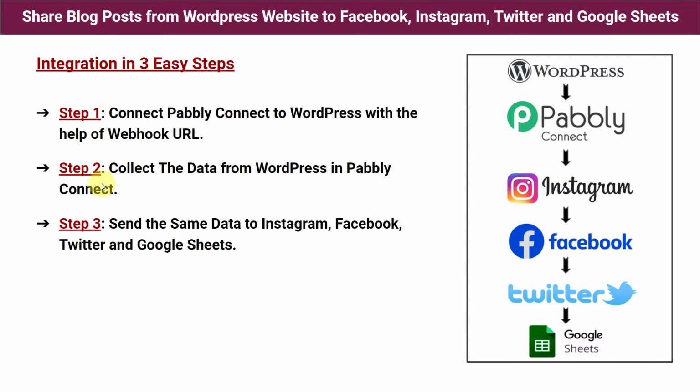In the second step, we'll create a new blog post in WordPress and collect the data of that post in Pabbly Connect. Step 3 is send the same data to Instagram, Facebook, Twitter, and Google Sheets. Finally, we are going to send the data, the link and the things we have captured in Pabbly Connect about the blog that we have created to Instagram, Facebook, Twitter, and Google Sheets as well, right? So first of all, let's jump back to step 1 and open Pabbly Connect.